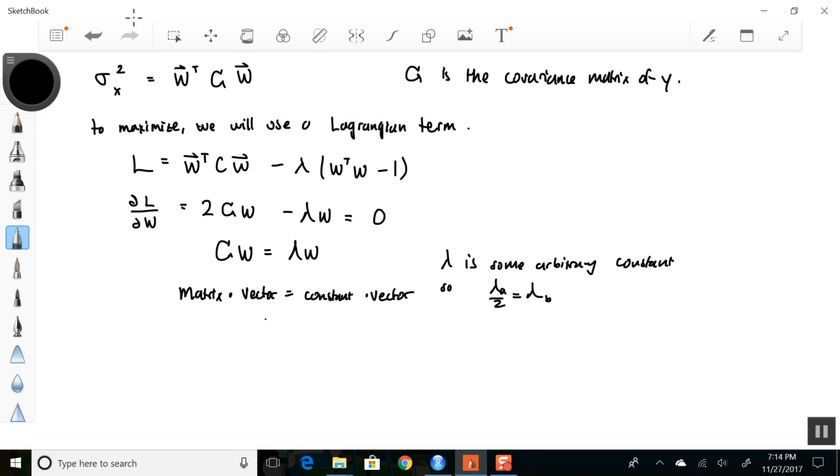That's the idea of what an eigenvector is. So this is an eigenvector of the covariance matrix.